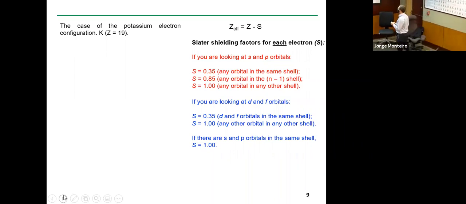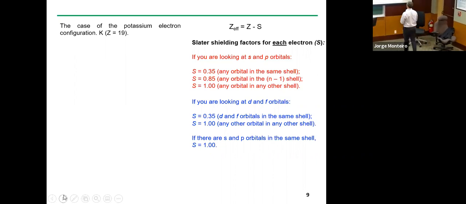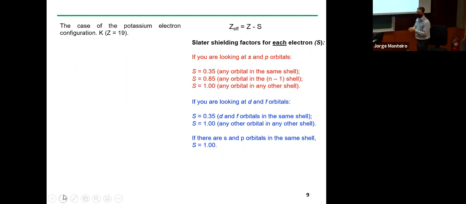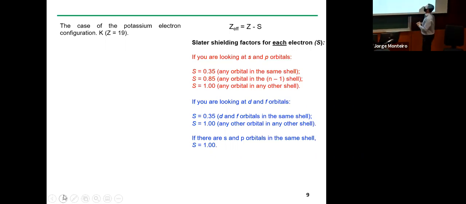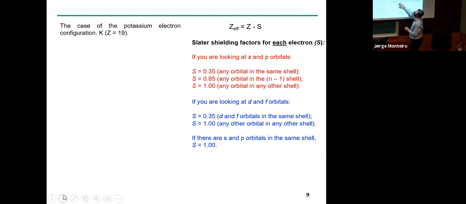Okay, so when we have d orbitals or f orbitals, it gets tricky with the rule, and it's very easy to misunderstand it. So here is what we are going to use for the later shielding factors. 0.35 if we have d and f orbitals in the same shell. Okay?